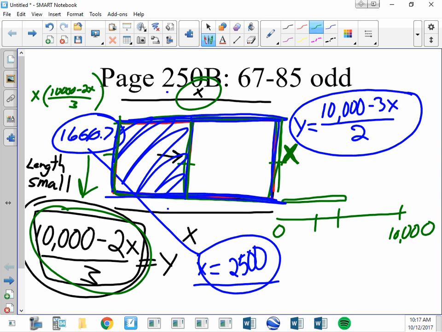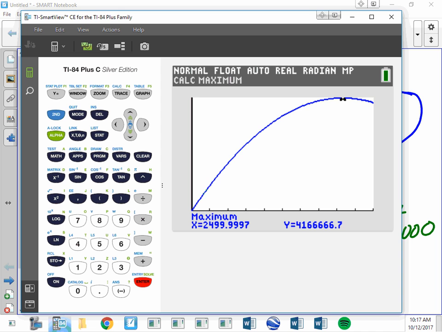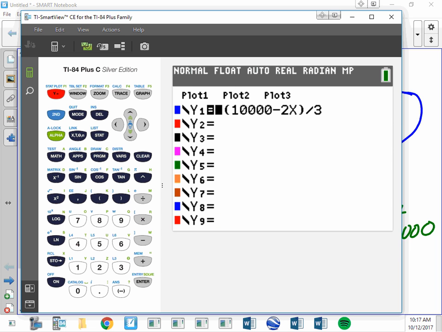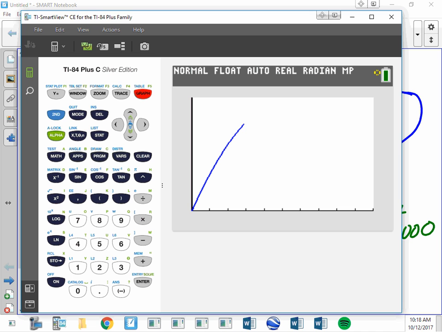Subtract that from 10,000 and divide by 2, and that will tell me this. So that value is this length. If I multiply those together, so x times 10,000 minus 3x divided by 2. And I'm going to do the same window and just graph it.